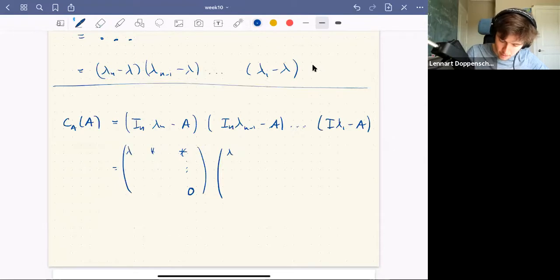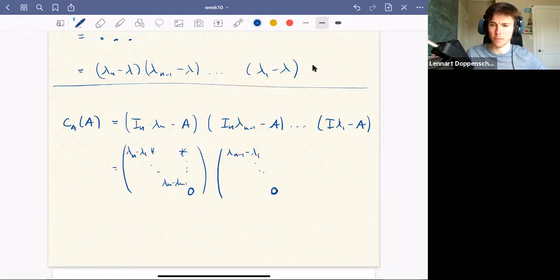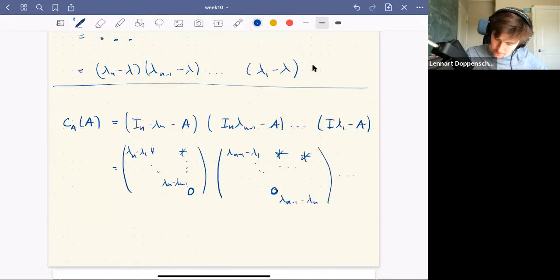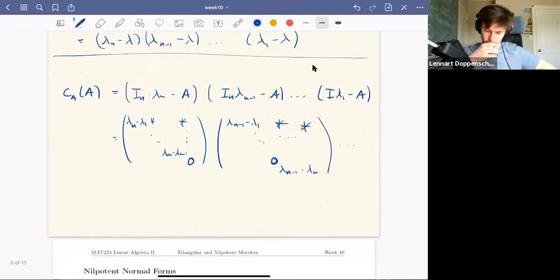So this is going to be lambda n minus lambda 1, lambda n minus lambda n minus 1, lambda n minus 1 minus lambda 1. And then we have a 0 at the n minus first spot on the diagonal, and then lambda n minus 1 minus lambda n, and something here.